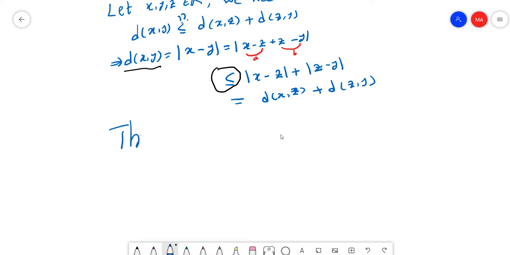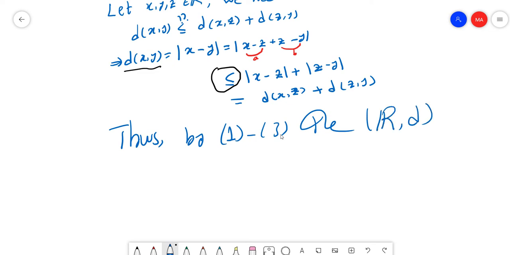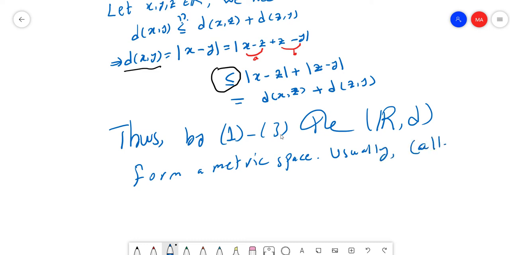Thus, X, which is R, and D form a metric space, which is usually called the real metric space or the usual metric space.